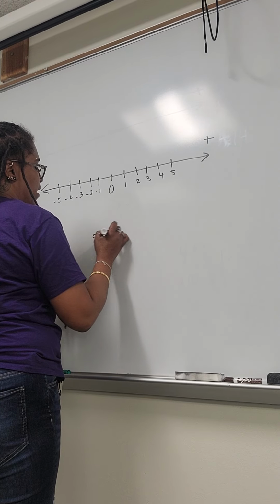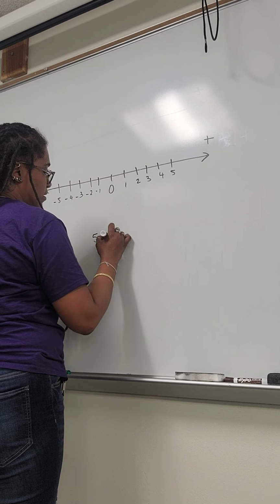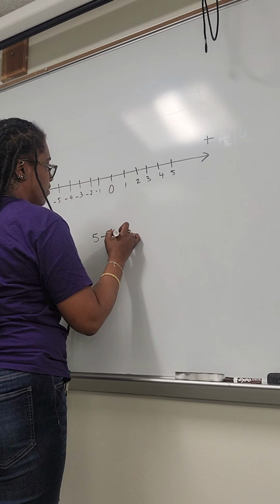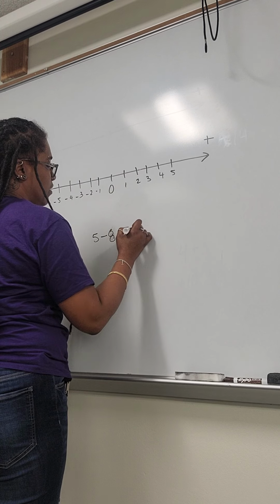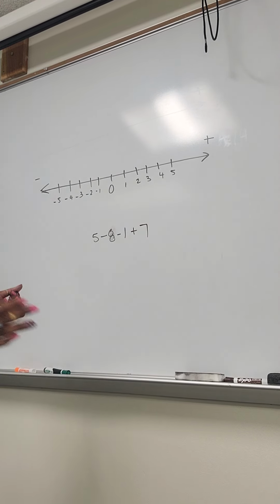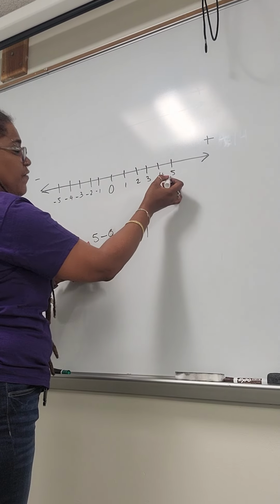Let's just say that we had 5 minus 8 minus 1 plus 7. With this 5 being positive, that means we would start at positive 5.